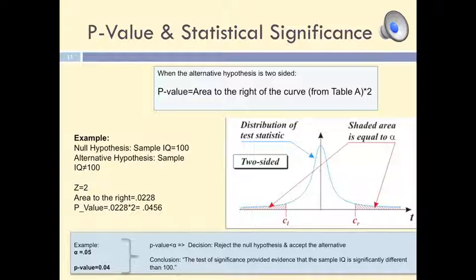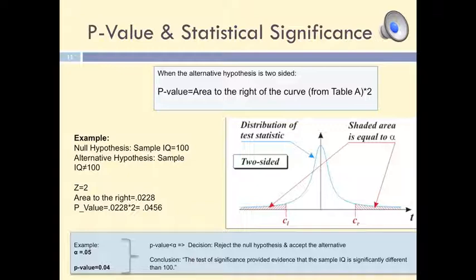For example, the area to the right of z was 0.0228. So if the alternative hypothesis were two-sided, the p-value would be 0.0456. After we made this multiplication, the decision process is the same. If the p-value is smaller than alpha, we reject the null hypothesis.